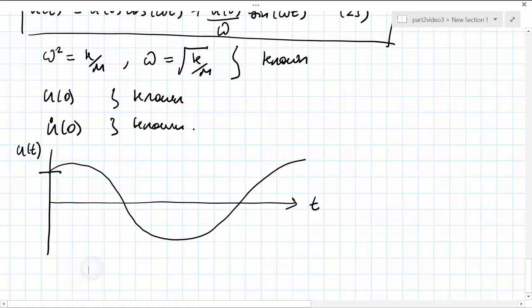Where we have an initial displacement u of 0, which in this case might equal 1, and we have an initial velocity, which is just the slope. That's also, in this case, assumed to be equal to 1.